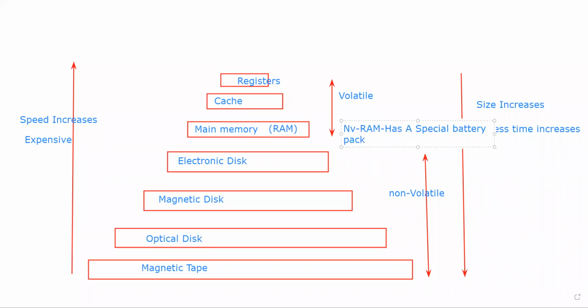By using this special battery pack, even when the power gets off, the content won't be lost in this NVRAM. NVRAM is a special type of RAM, but it is non-volatile. But normally RAM, random access memory, is volatile. Right. Now I will erase this drawing.